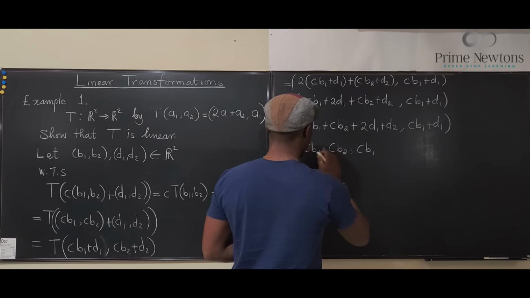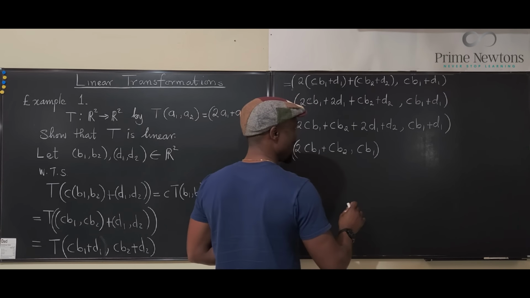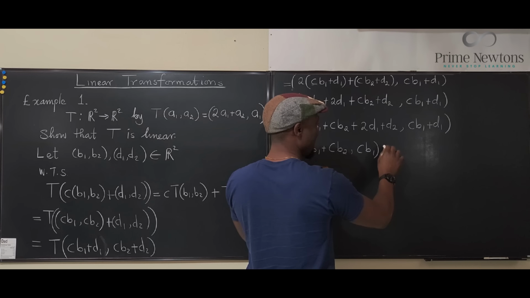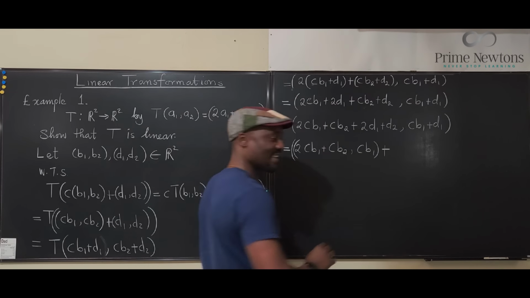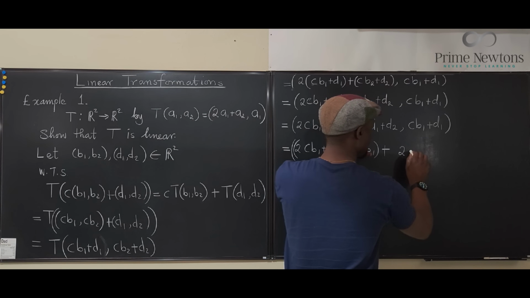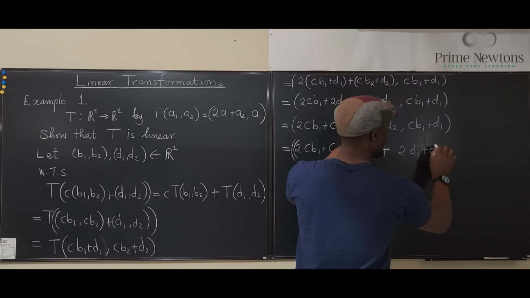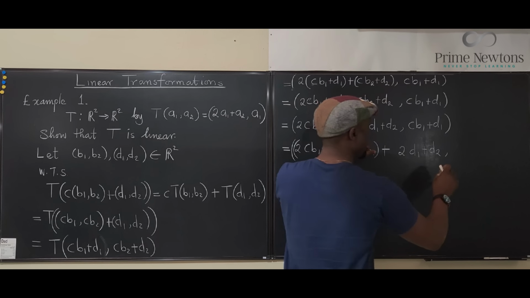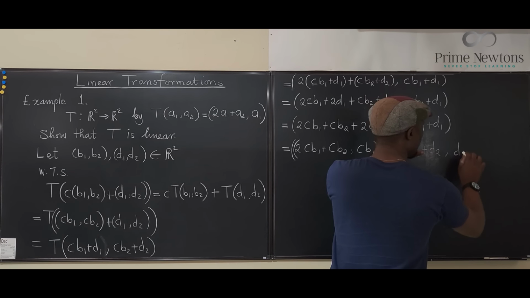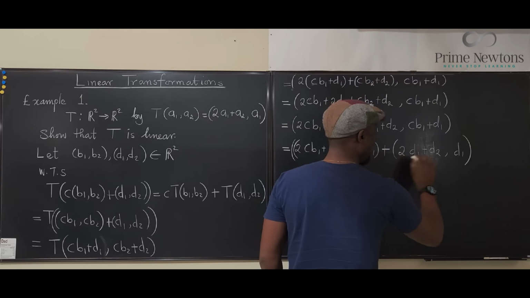Ooh. So I have this here, and I can add it to whatever I left out: 2D1 plus D2, comma, D1. Ooh, do you see what's going on?